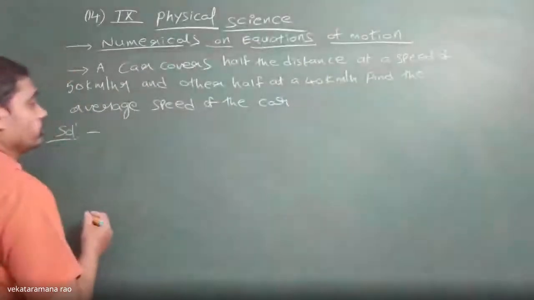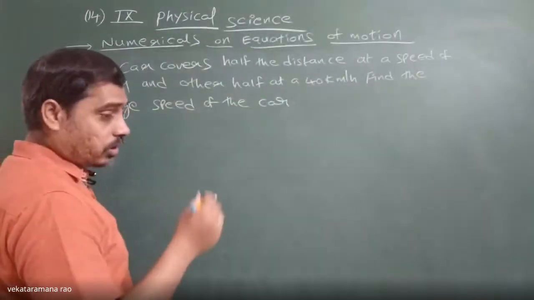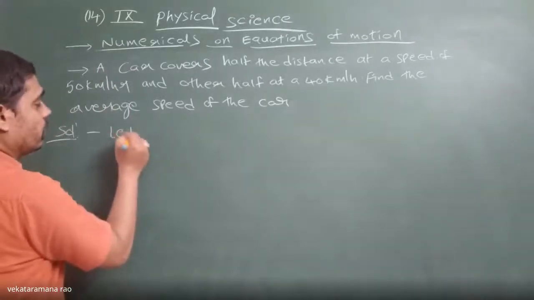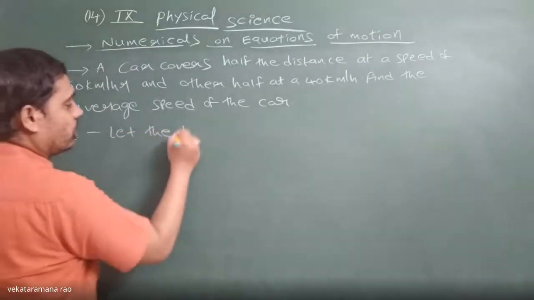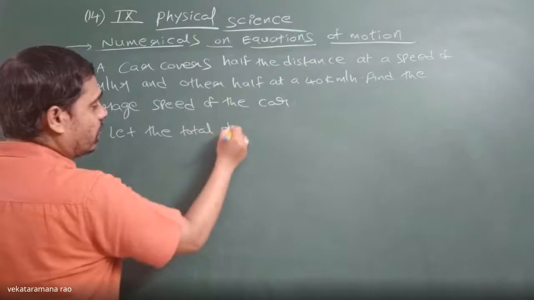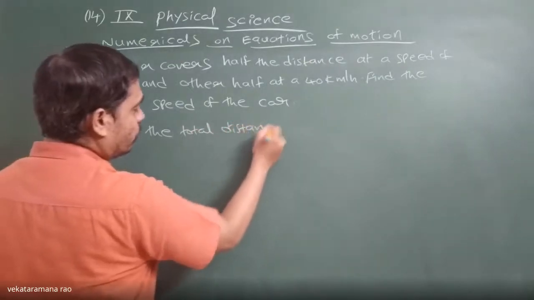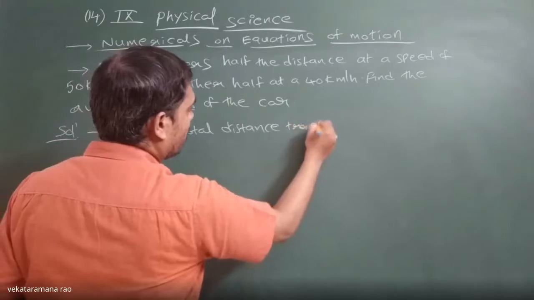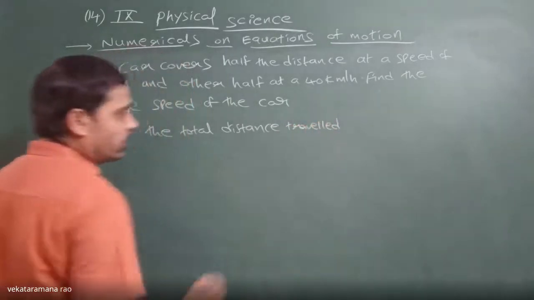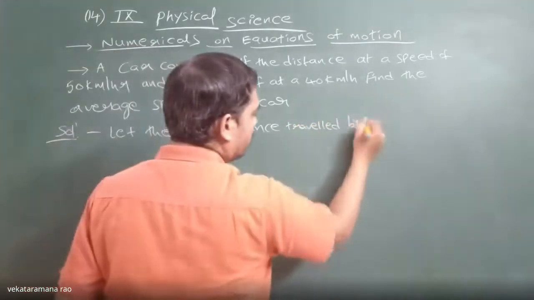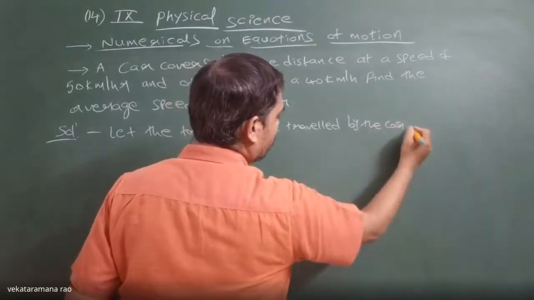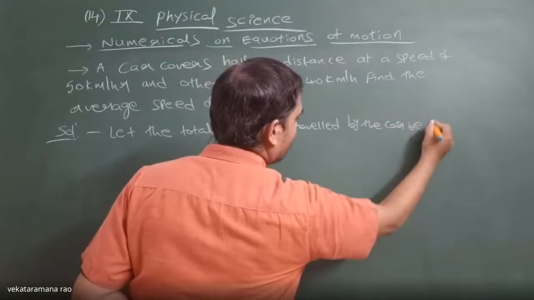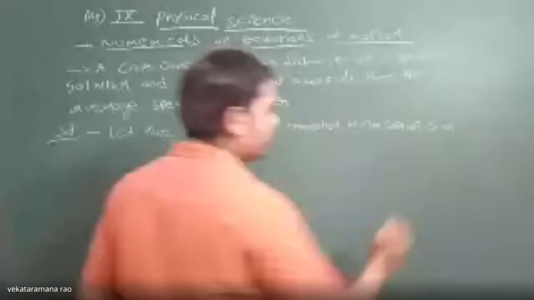Since half of the distance is traveled with different speeds, let the total distance traveled by the car be 2S.